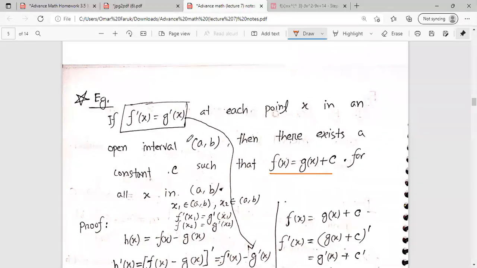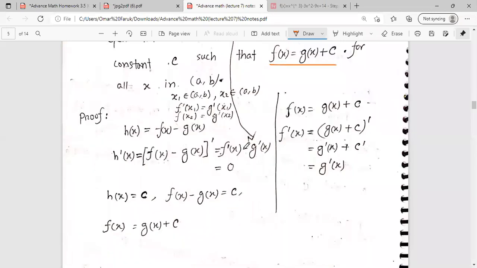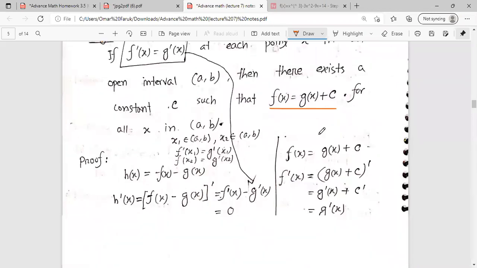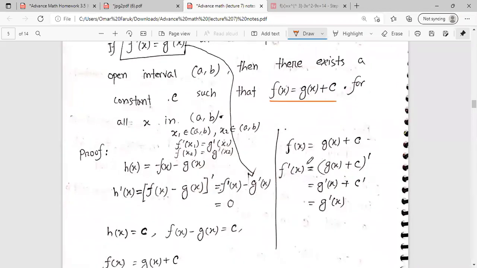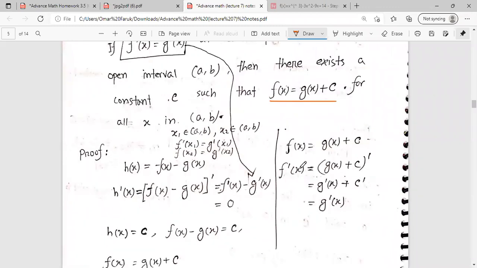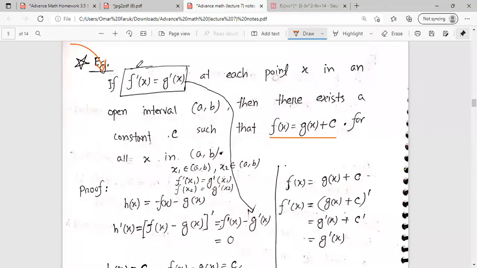g(x) plus c for all x in (a, b). So I think we don't need this proof, but we can just get some idea. f(x) equals g(x) plus c, where f'(x) equals g'(x).